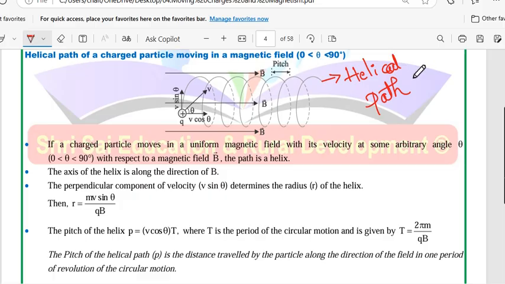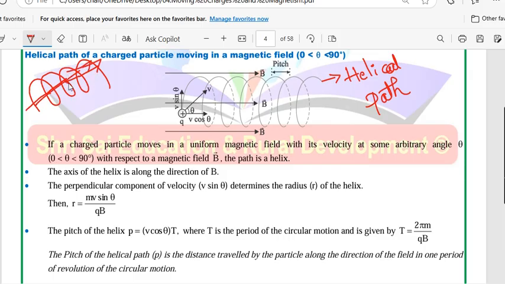I have told you that the velocity of the particle moving in that helical path is always perpendicular to the magnetic field. The magnetic field is inside the helical path, in the space inside each helix. It is in the direction of the magnetic field.